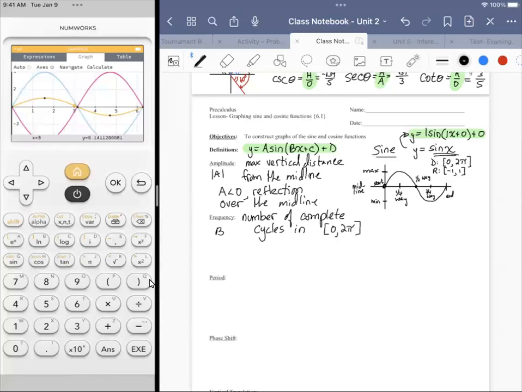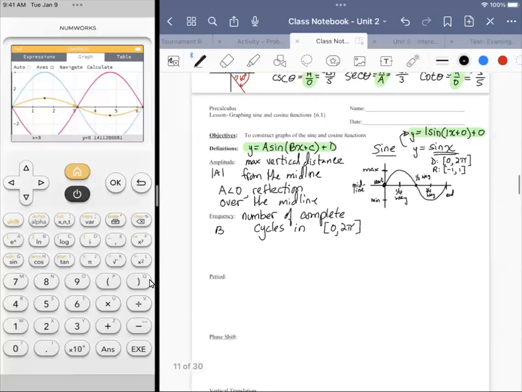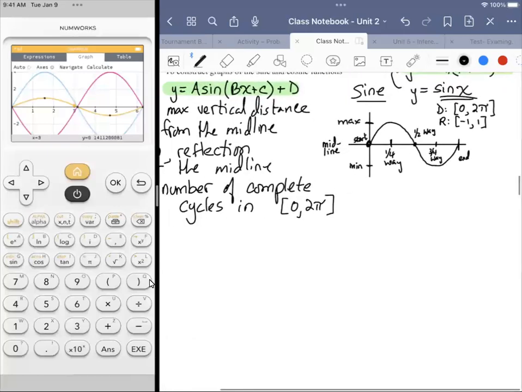All right, so we can repeat the cycle over and over again, but if the b value is just equal to 1, frequency of 1, then we're only going to get 1 sine wave over that interval. All right, so I'll do a quick sketch and then I'll put it into the calculator.